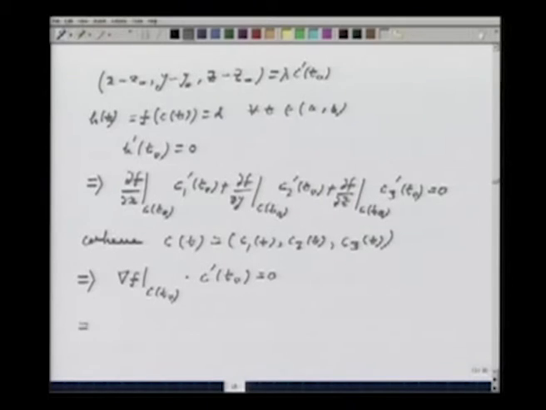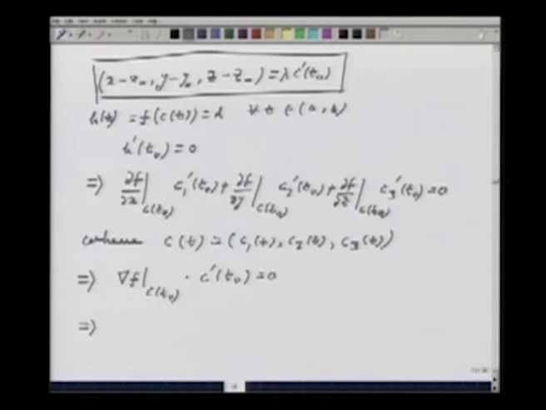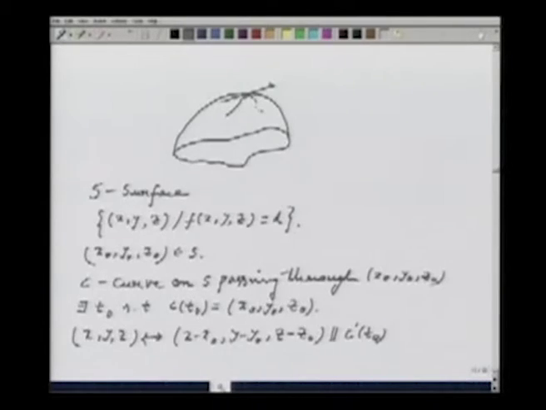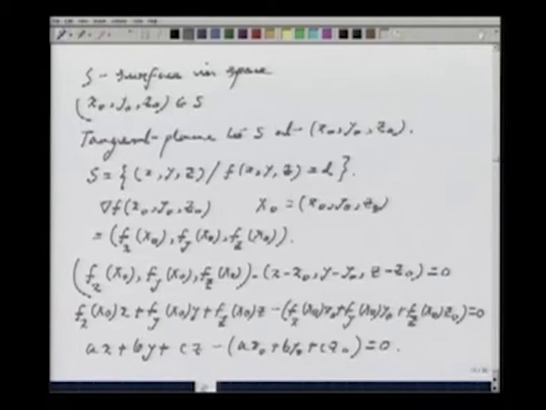But then this implies, since the vector x minus x naught, y minus y naught, z minus z naught is parallel to c prime t naught, I get that grad f at C(t naught) dot x minus x naught, y minus y naught, z minus z naught is equal to 0. Now if I expand this, what I get is exactly the equation which I had written here.